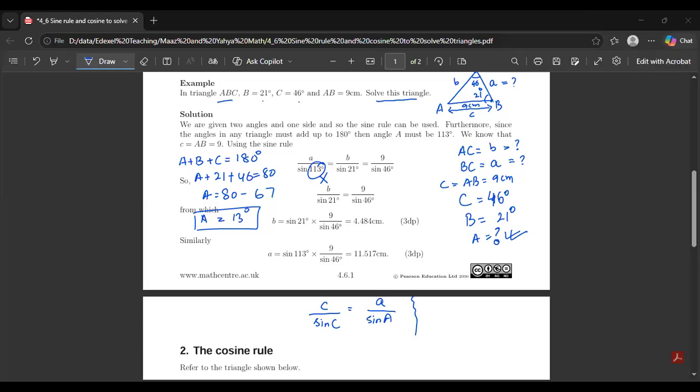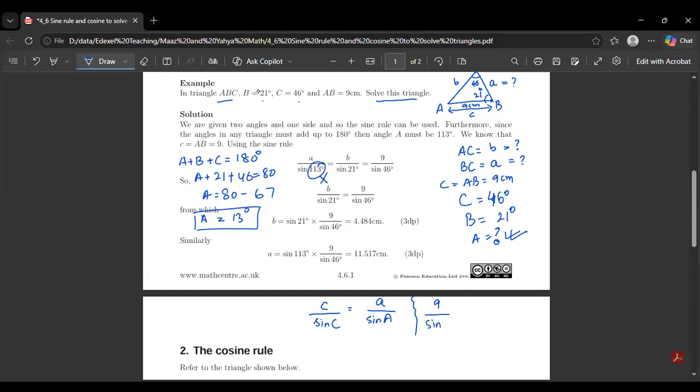So c is 9, and angle C is 46, equals to... A is unknown, right? Which is AB, which is BC, over sine A. Sine A we have just found, which is sine 13, right?